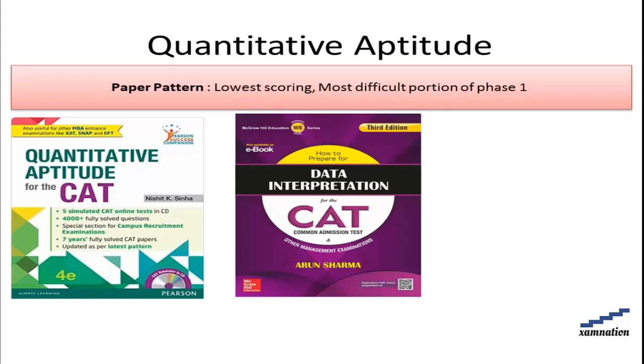And also the DI part has good weightage in this paper. You can get around 4 to 5 questions out of 30, or sometimes even 9 to 10 questions. So you should also look for good DI questions, and you can follow a good book like Arun Sharma's DI for CAT.